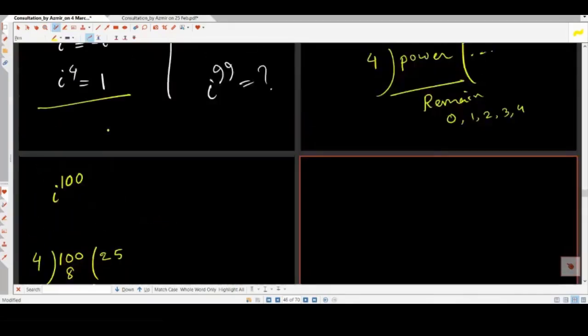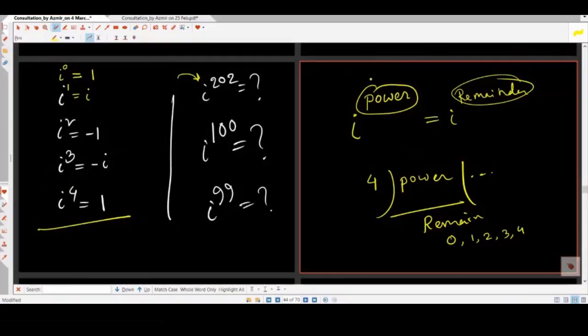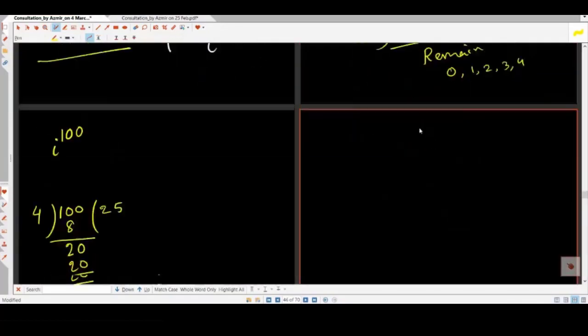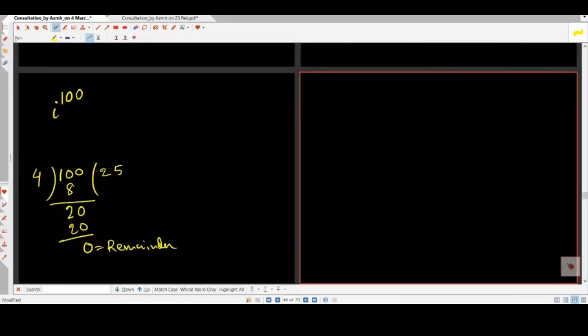I have mentioned that i to the power anything is equal to i power the remainder. What is our remainder at this moment? It is 0. So it is i power 0. That means i power 100 is equal to i power 0. And you know i power 0 is 1.